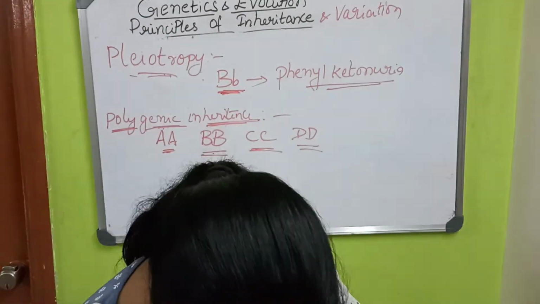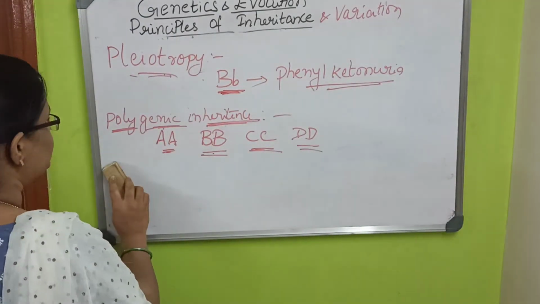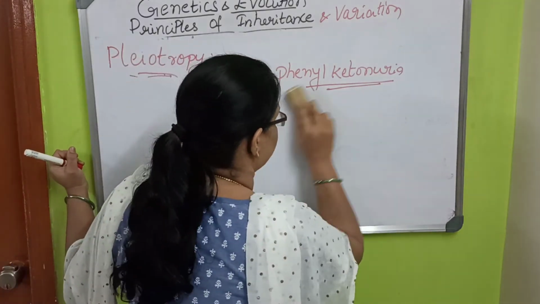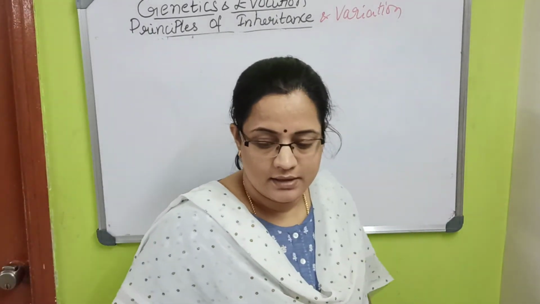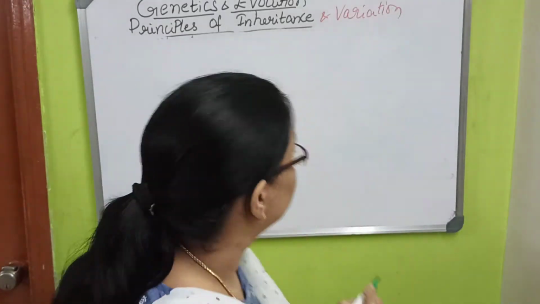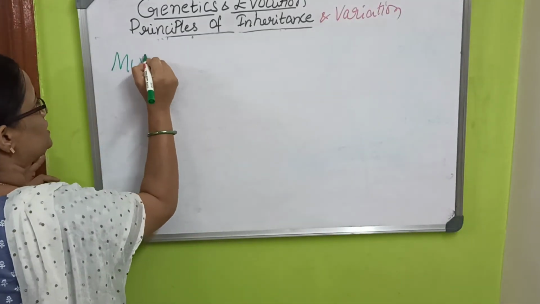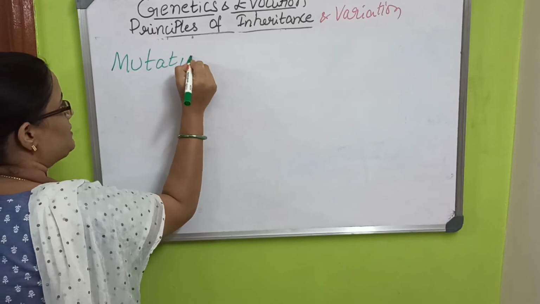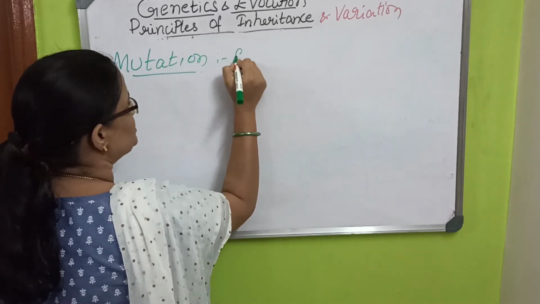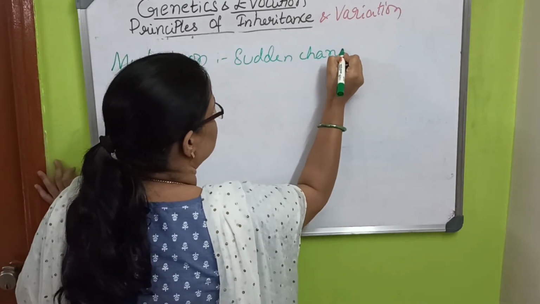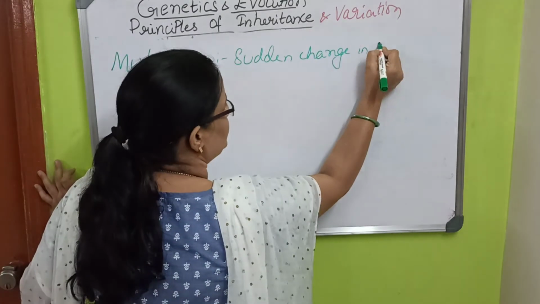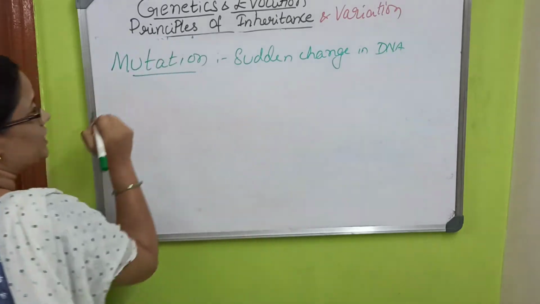Another point is mutation. Mutation is nothing but a sudden change in DNA. What is mutation and the types of mutation: the sudden change in DNA, which can even cause cancer, is called mutation.